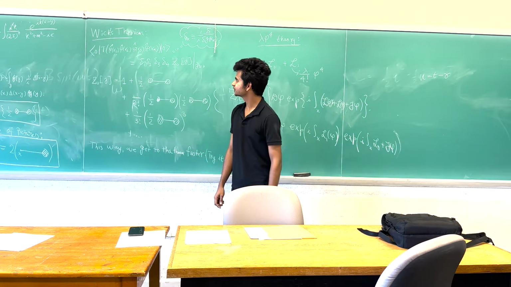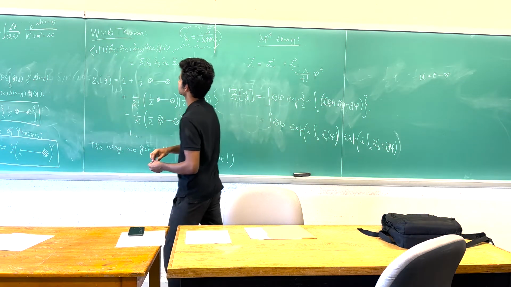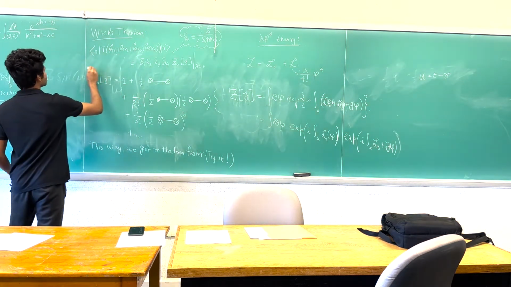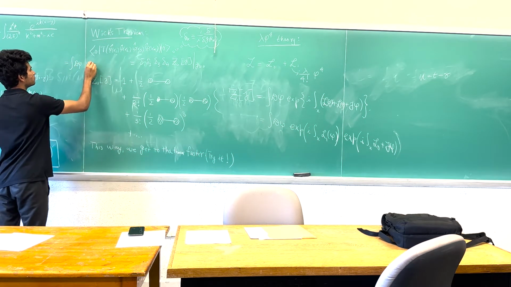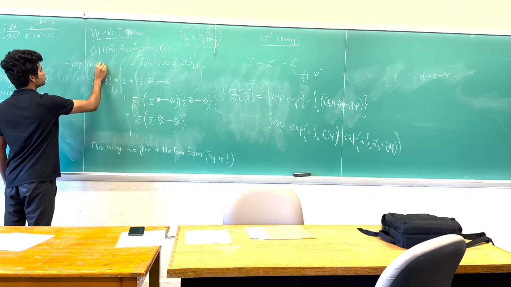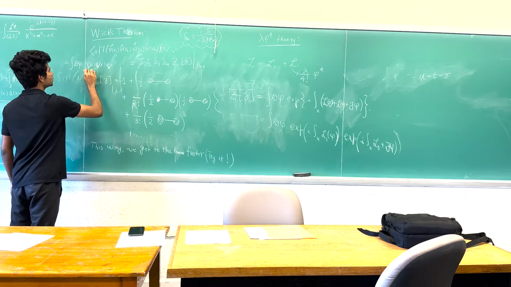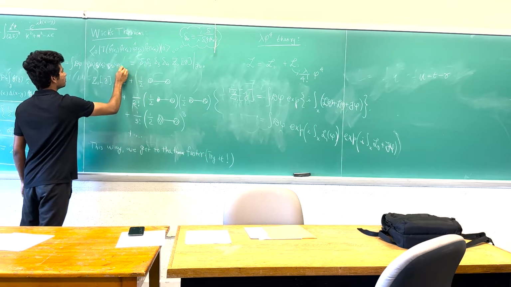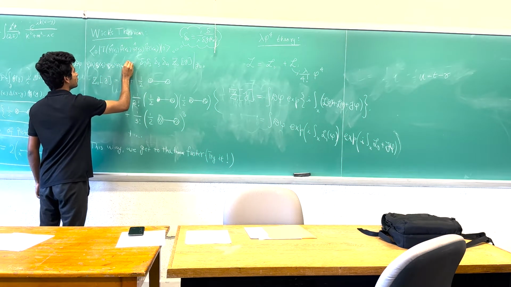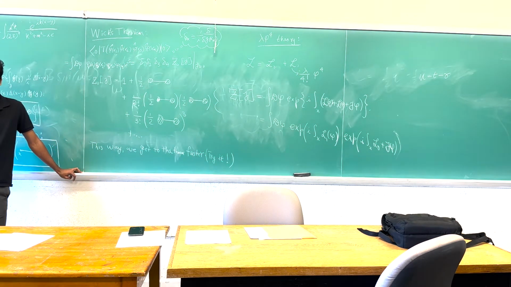The clue is right here. So remember, this was equal to... So I write L1 of phi as a derivative with respect to J. That's the trick.